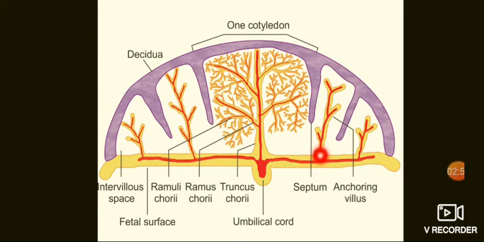Chorionic villi are of two types, anchoring villi and floating villi. Chorionic villi which attach to the decidua basalis are known as the anchoring villi, while the chorionic villi floating in the intervillous space are known as the floating villi.